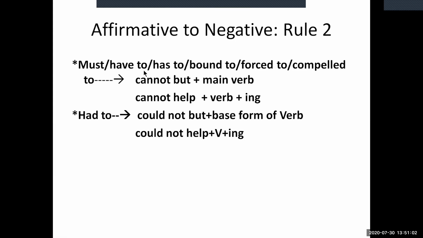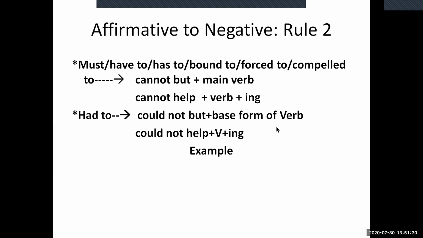So in case of have to, bound to, forced to, compelled to, the past tense will be had to or was bound to or were bound to, was forced to or were forced to, was compelled to or were compelled to. So in these cases too, we have to use this structure like could not but plus base form of verb or could not help plus verb plus ing to make that sentence negative.